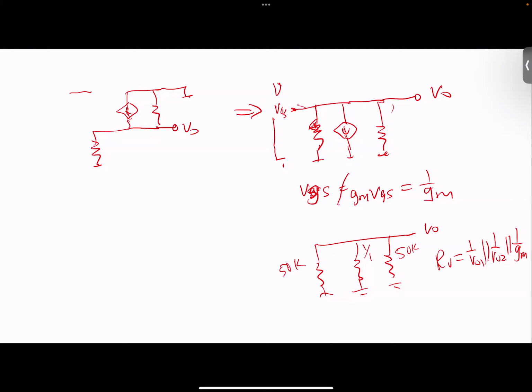So your output resistance is basically one over GM. What does it say? Output resistance is very small. So to summarize our source follower, its two properties are small RO and unity gain.